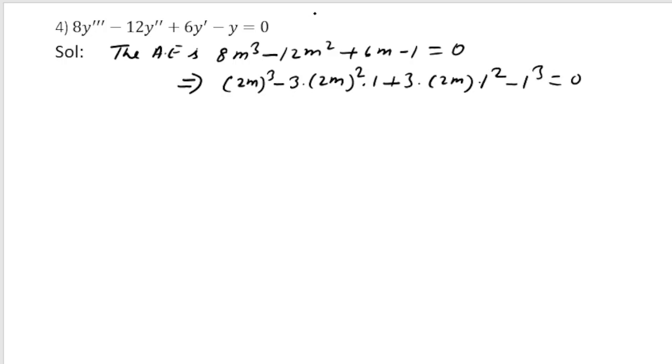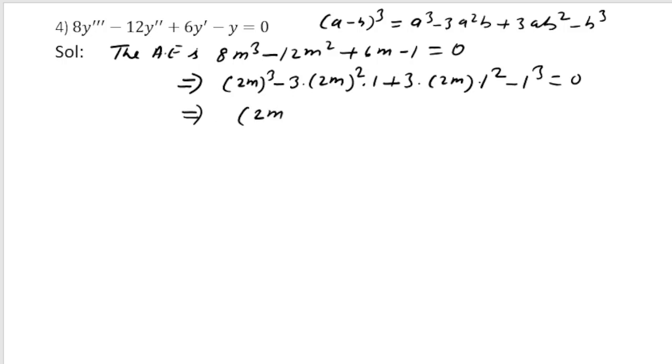Do you know the formula of a minus b whole cube? It is a cube minus 3a square b plus 3ab square minus b cube. So I have just tried to write the whole expression in that form.